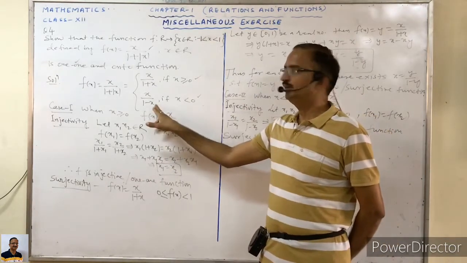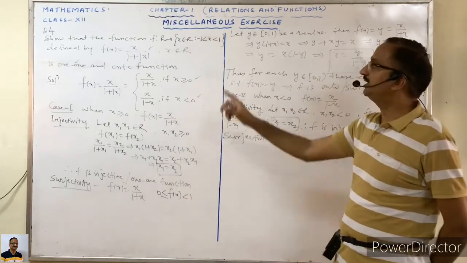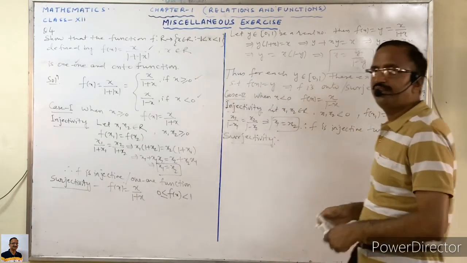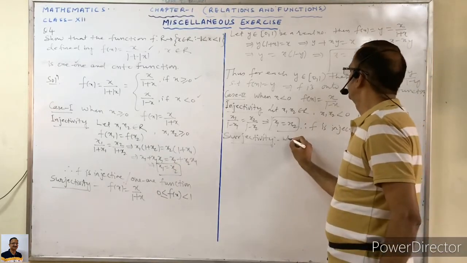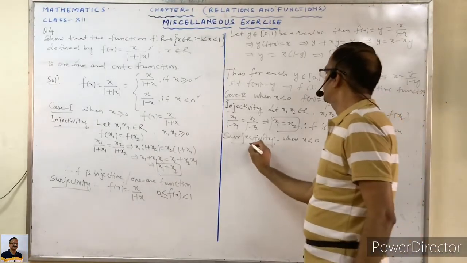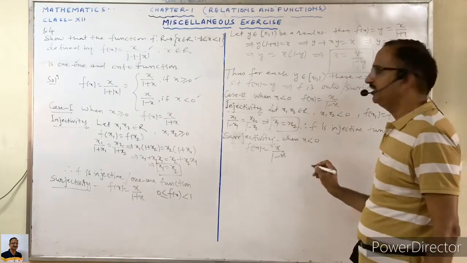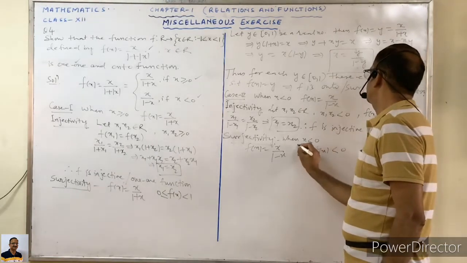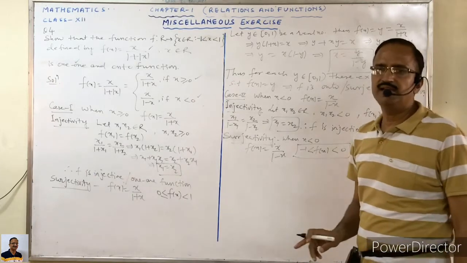So this one will define when f(x) is greater than minus 1 and less than 0. So we will write for this surjectivity, when x is less than 0, then we have f(x) equal to x upon 1 minus x, defined from minus 1 to 0.